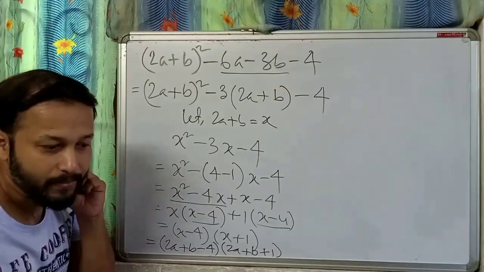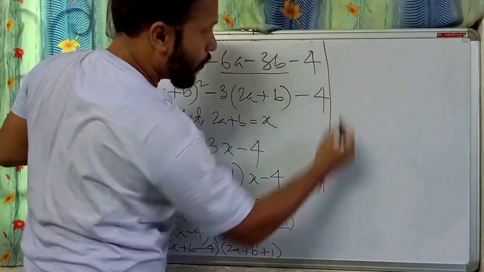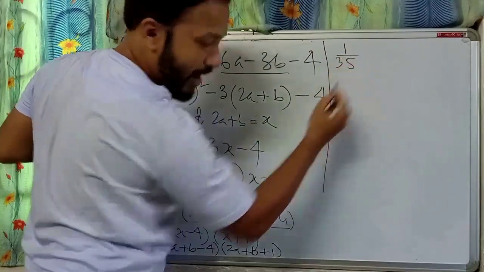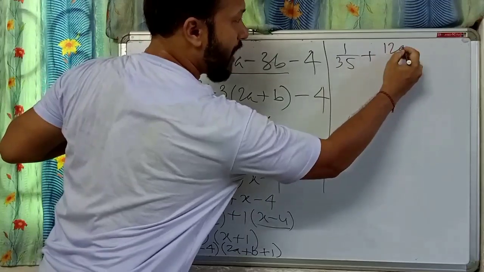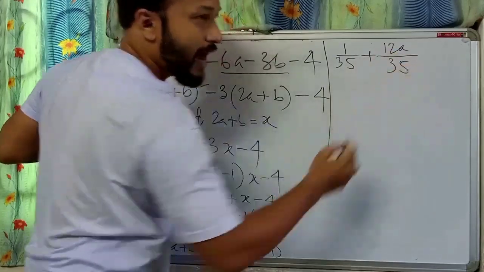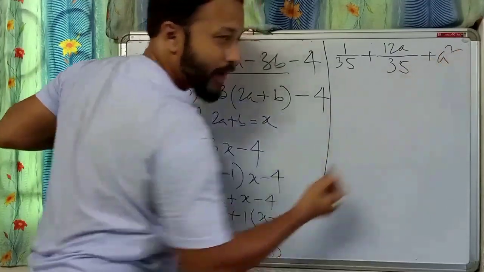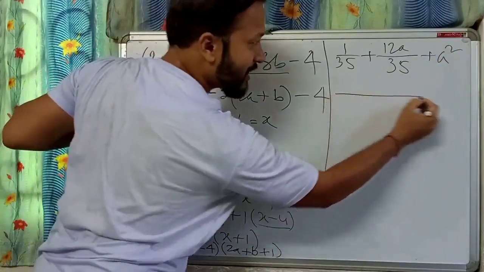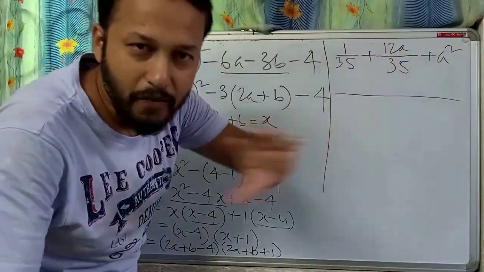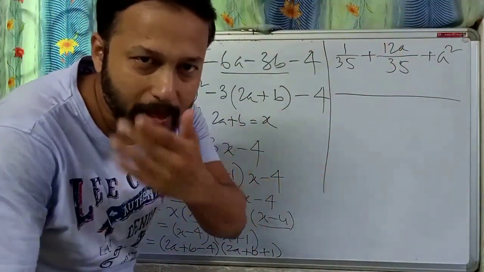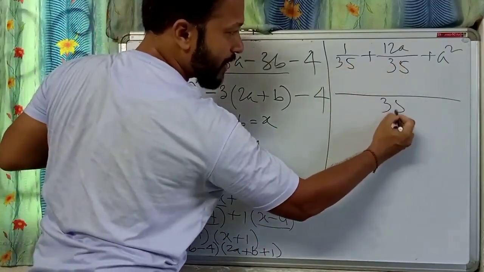Okay, now next sum. See, the next sum is 1 by 35 plus 12a by 35 plus a square. Okay, let us LCM it. Simple fractions are there, so let us LCM it. What is the LCM? 35.